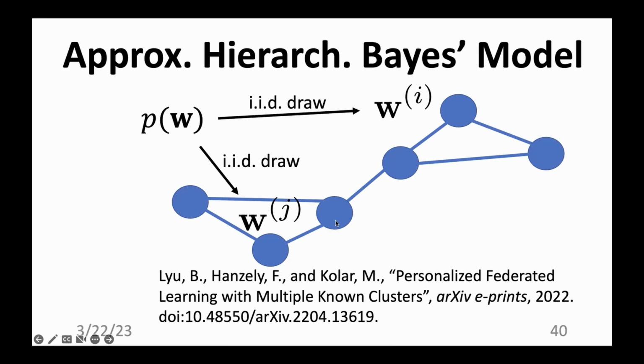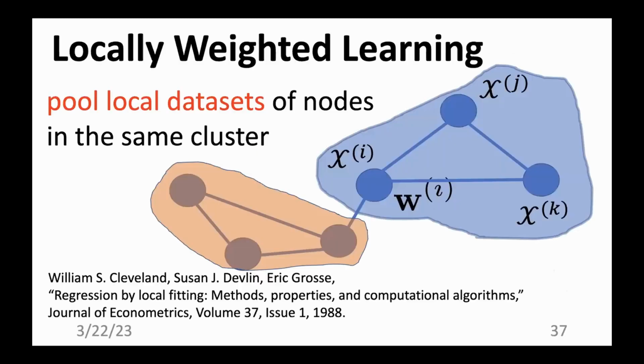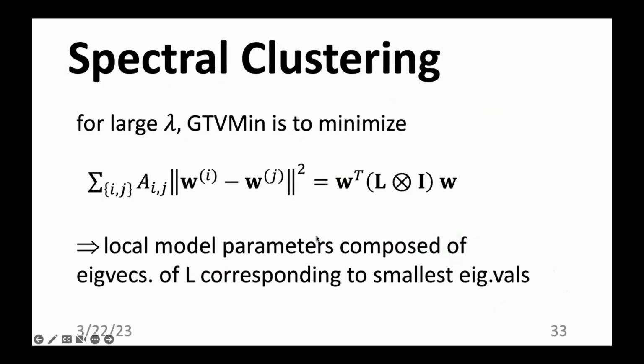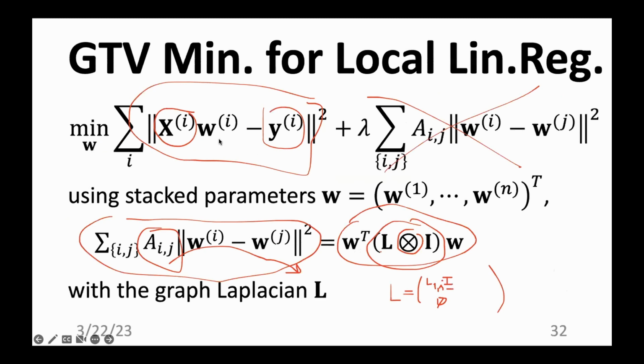The nodes should be connected by many different routes instead of only one. But what exactly is sufficient connectivity depends on the overall structure of the empirical graph and the local data sets. This is not obvious to find out unless you actually solve GTV minimization and then analyze the solutions, the weight vectors that solve this problem.